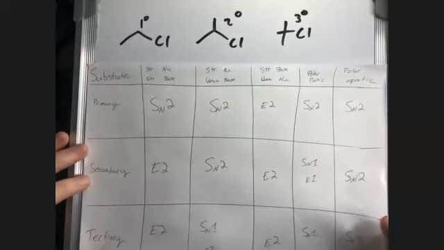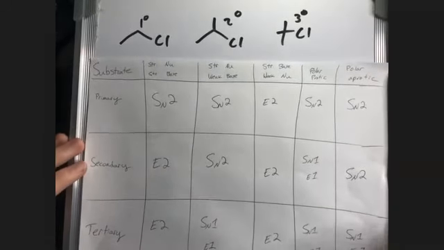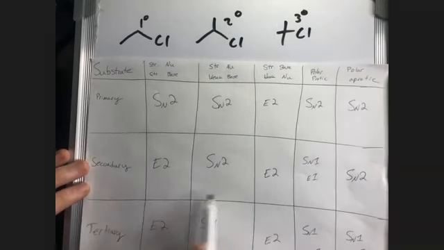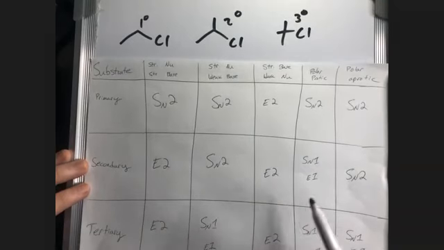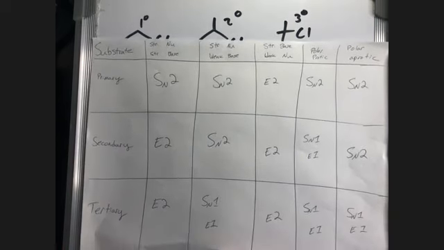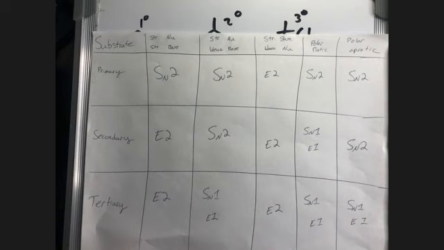Now, if you have a secondary alkyl halide, you're in trouble because you have to know the other stuff to determine what's going to react. If we look here at our options, we have E2, SN2, E2, SN1, E1, and SN2. That's all of the possible pathways. So the only way you will know which one will predominate is based on the identity of the other reagents. And similarly to primary, if you have tertiary, E2 is more likely if you have a base.